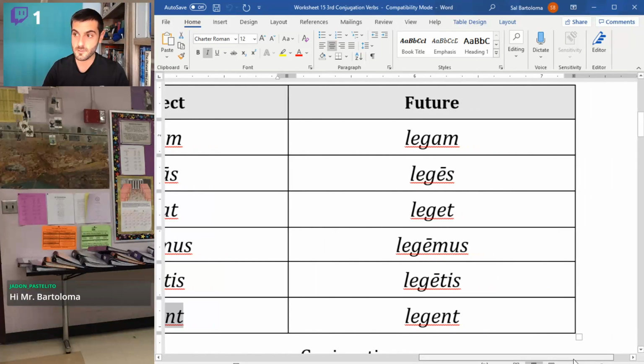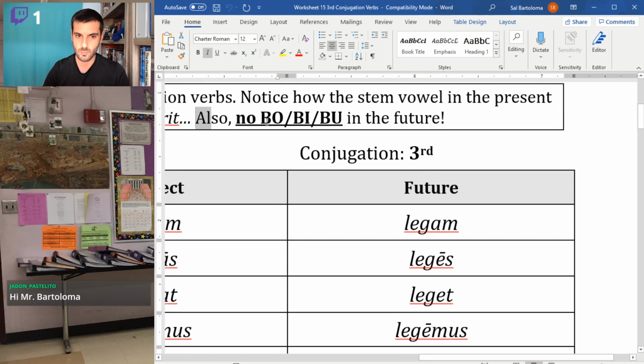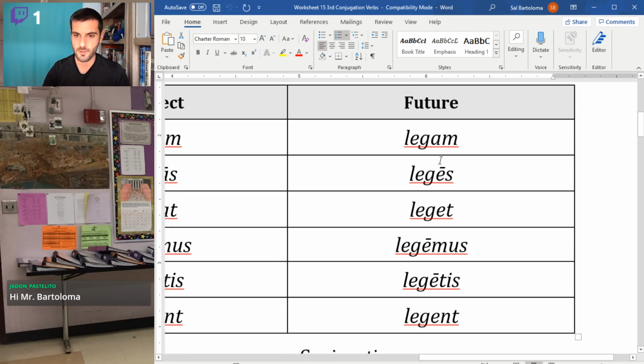Future is where things look very different. So we do not use bo, bi, bu for third conjugation. Bo, bi, bu stays with first and second conjugation. When we get to third, we do a very different pattern. We do am, es, et, amus, etis, ent.